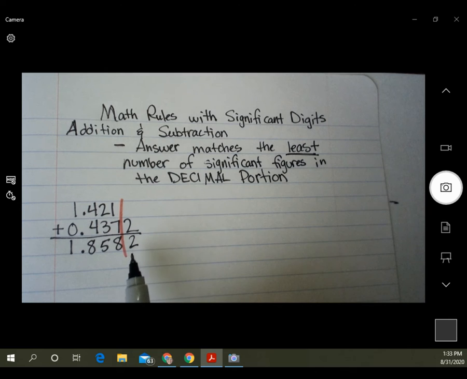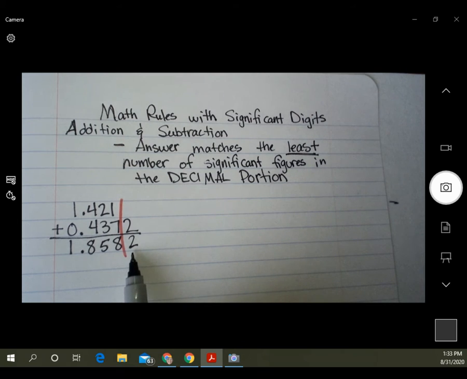So this 2, I can't just chop off the end of the number. I have to round to the place where my significant figures stop. And that's why significant figures are significant, because that last number could have a rounding issue, or it does change the number a little with rounding.